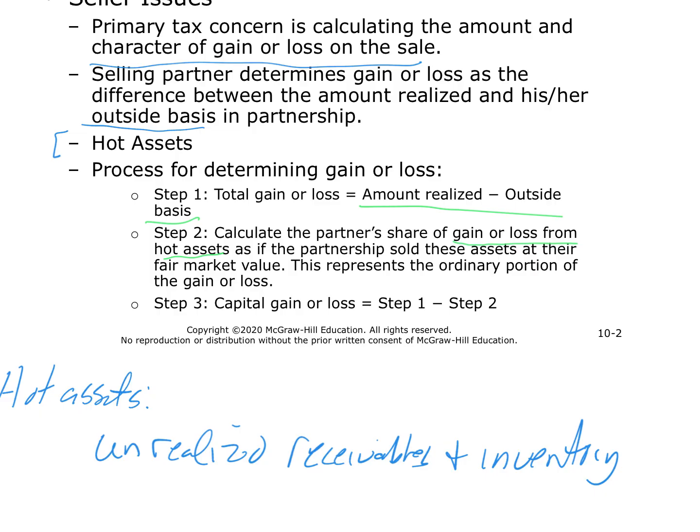Essentially this is a theoretical calculation because we're assuming that the partnership sold these hot assets at fair market value, and so that's going to represent the ordinary portion of the gain or loss. All right, and then to figure out your capital gain or loss, you're going to take your total gain or loss from step one and subtract this hot asset portion that you calculate in step two, and that is going to give you your overall gain and loss.